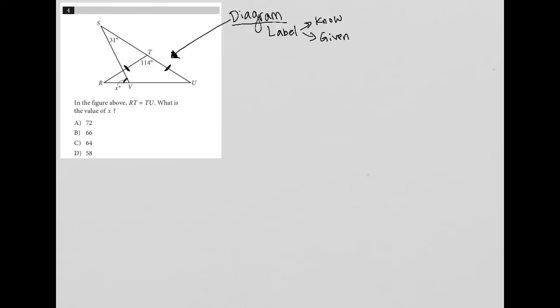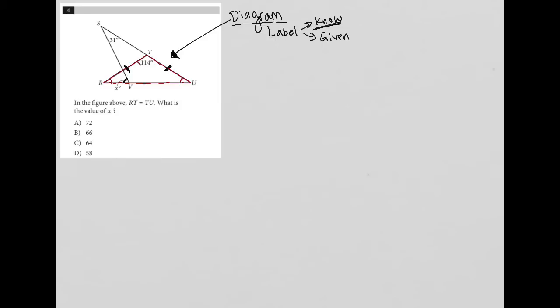So then here's the other part of labeling with what you know. Well, if the question tells me that RT is equal to TU, then that means that triangle, right? And I'll outline it in red. Triangle TRU is an isosceles triangle, which means that these two corner angles are congruent.